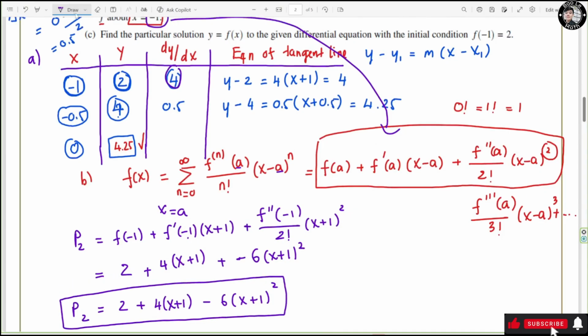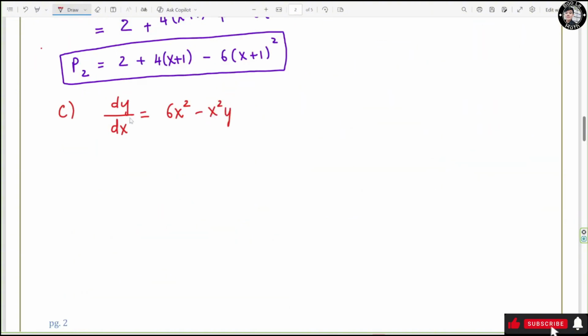Now question C. Find the particular solution y equals f of x to the given differential equation with the initial condition f of -1 equals 2. Now we need to separate the variables. In order to separate the variables, you need to factor x squared out first, right?